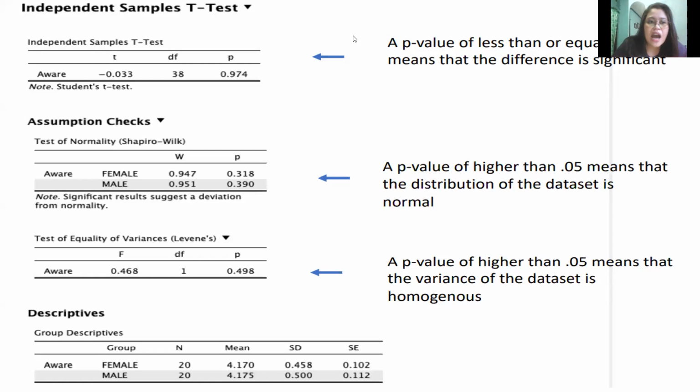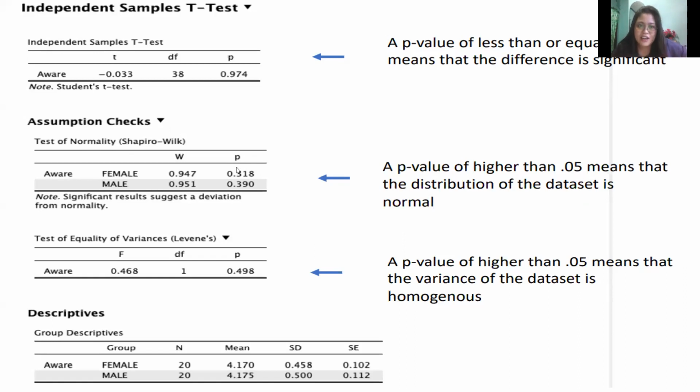And then the two assumption checks I checked: the test of normality. Whether the data is normally distributed, no need to graph, no need to compute, just look at the p-values here. It's the same thing: if the p-value is higher than 0.05, take note, higher, then yes, your data is normally distributed.